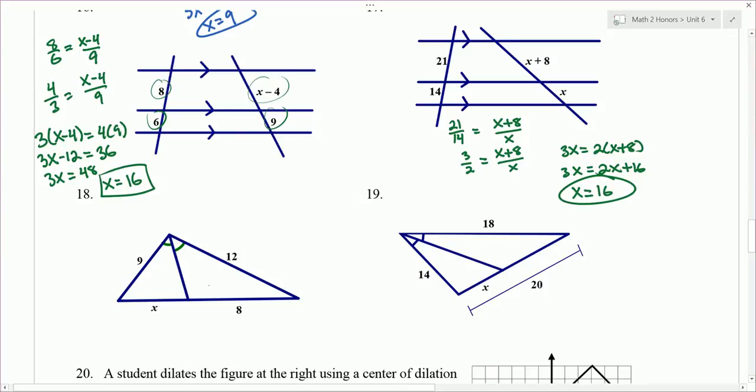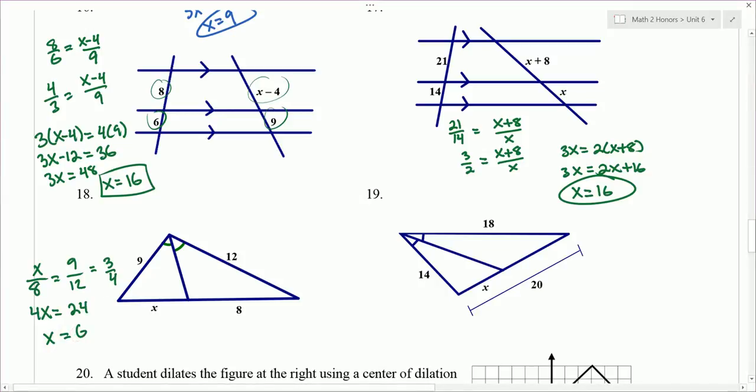So we could say that the base over base, so the base of the left triangle is x, the base of the smaller right triangle is 8, would be equal to the left side 9 over the right side 12. And then we could reduce 9 over 12 divided by 3, you get 3 over 4. Cross multiply, you get 4 times x is 8 times 3. Divide by 4, and you get 6.